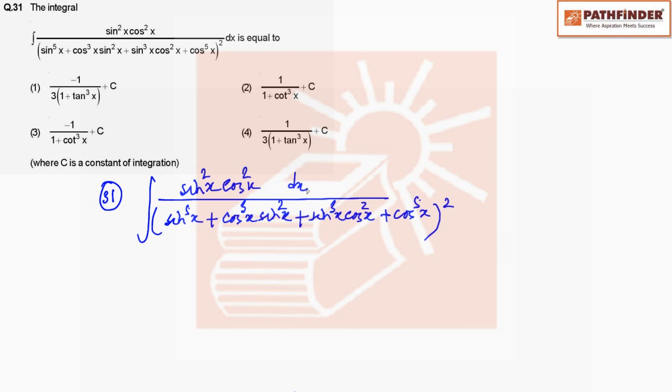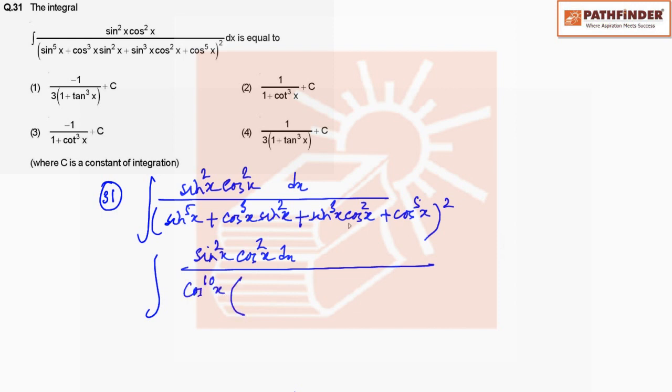Now in this case, we are going to divide both sides with cos to the power 10x. We keep the numerator sin square x cos square x unchanged. So we have sin square x into cos square x dx divided by cos to the power 10x.